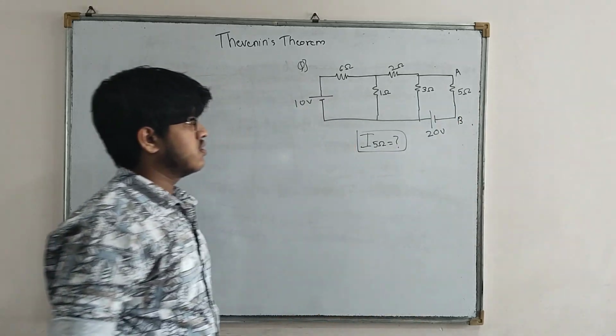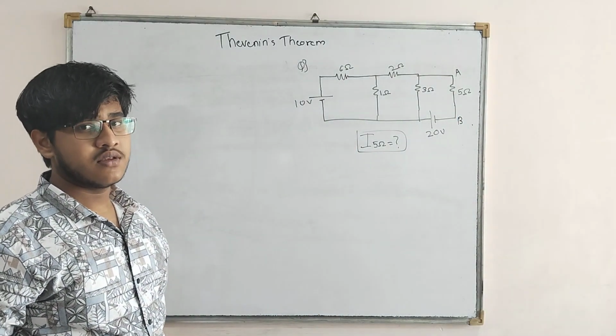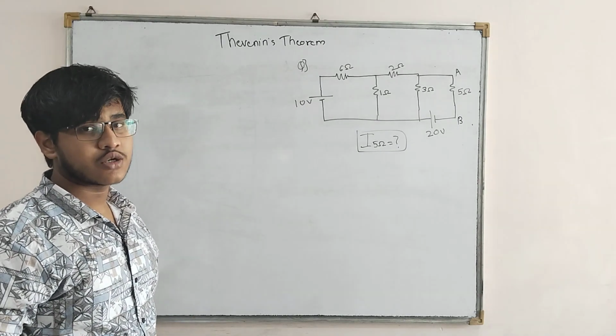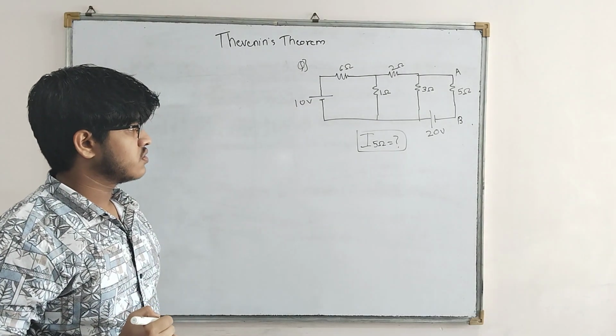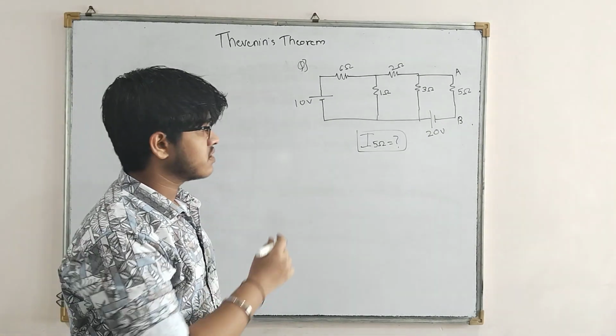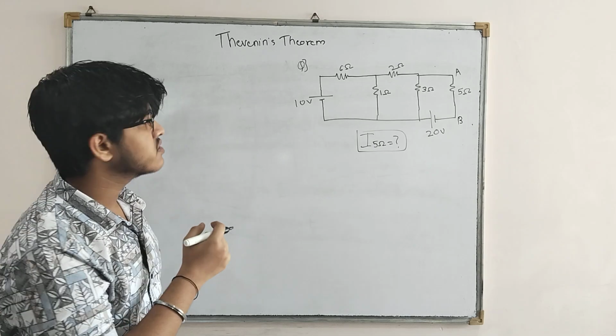Okay. So as we had discussed in step 1, we need to remove that branch through which the current is to be calculated. So let's move on to the question. I will rub this to draw a step 1 diagram.